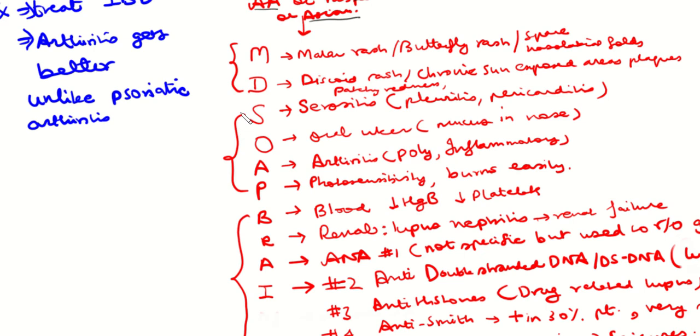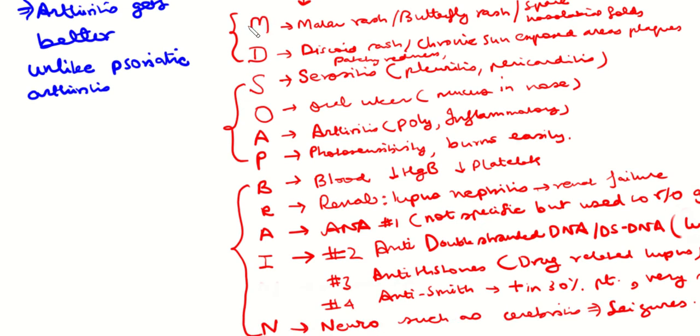When it comes to symptoms, if you can remember MD, soap, brain, you can actually remember lupus. MD would be the skin manifestation, so that would be the malar rash or the butterfly rash.